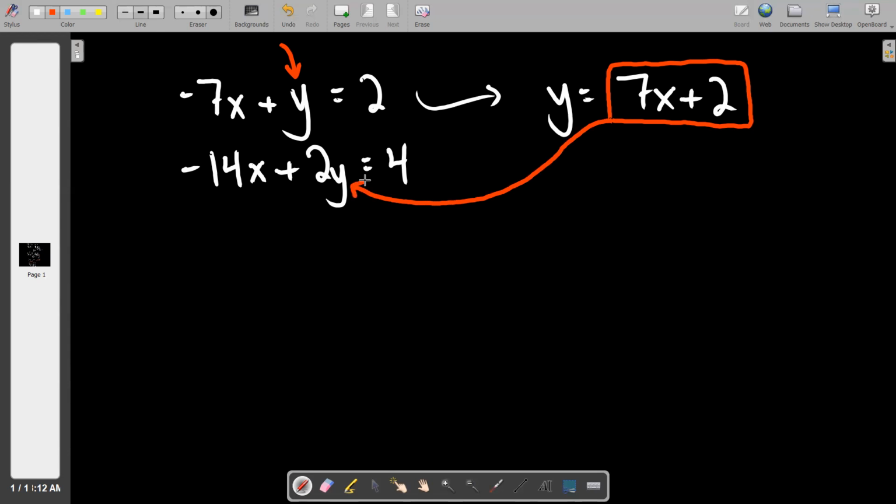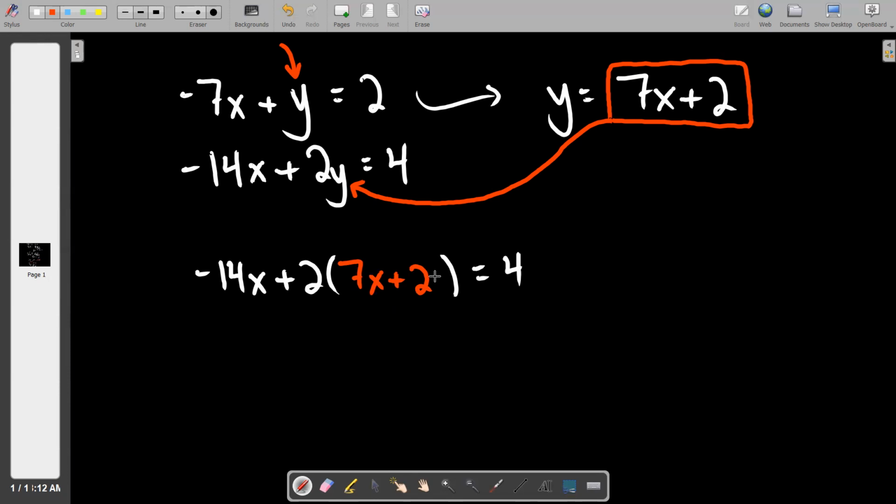You've already done like 3 homework assignments over this, so this is old hat for you guys, old news. So when I rewrite the bottom equation, it says negative 14x plus 2 awkward void equals 4. And into the awkward void goes my box. Again, you're still just cruising along, multitasking. You're at home.